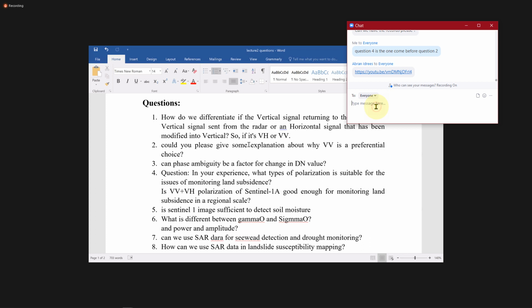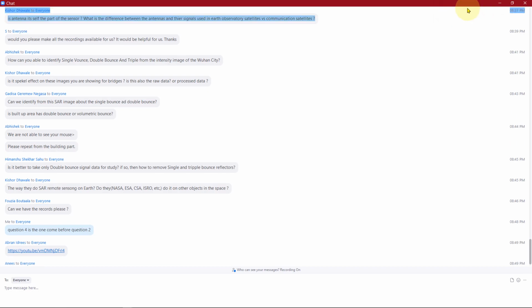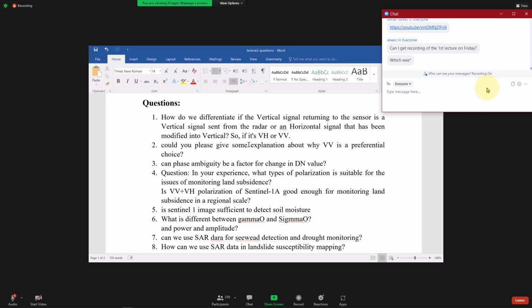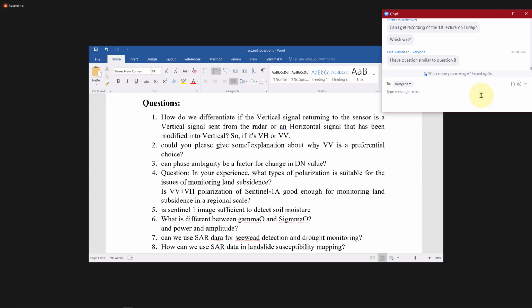VV is often a preferred choice because if you are transmitting a vertical signal, it is reacting with objects that are also physically vertical. That's to say, you will maybe have a better reaction from things that are also vertical, like your grass or your fences.